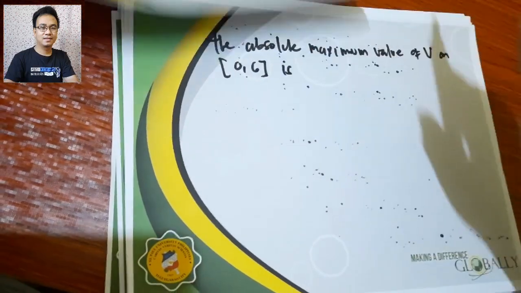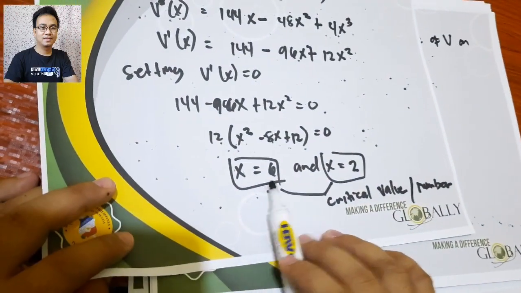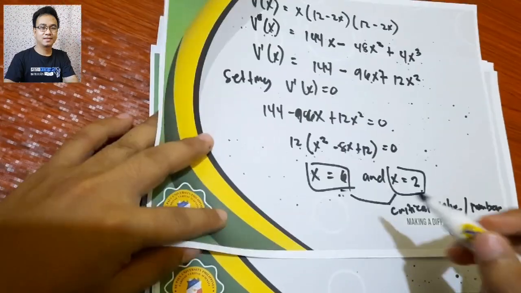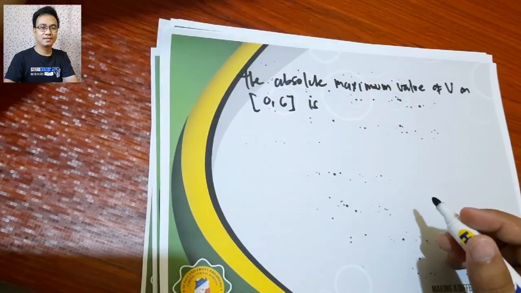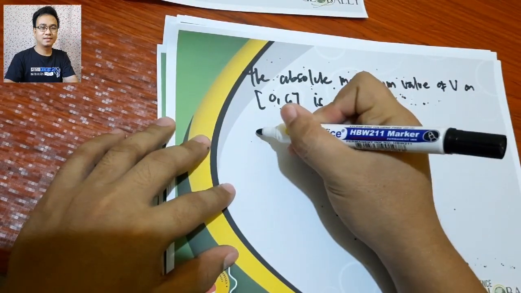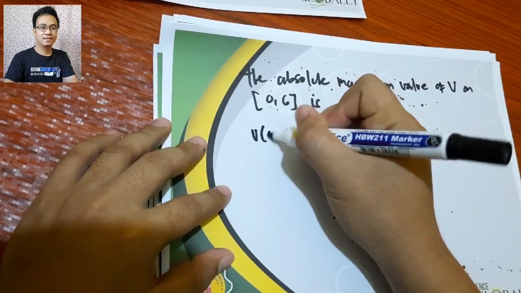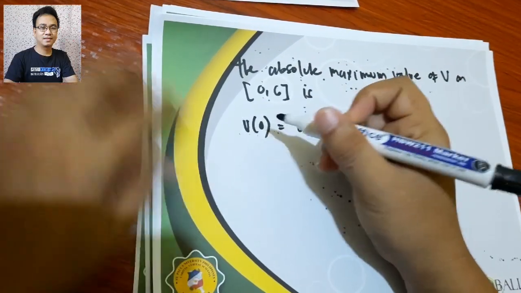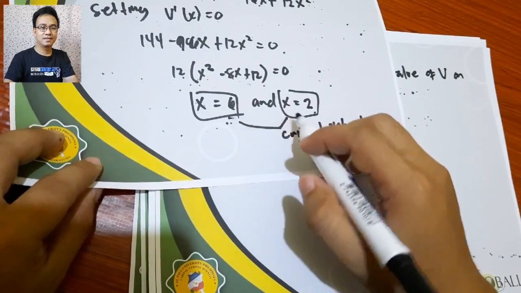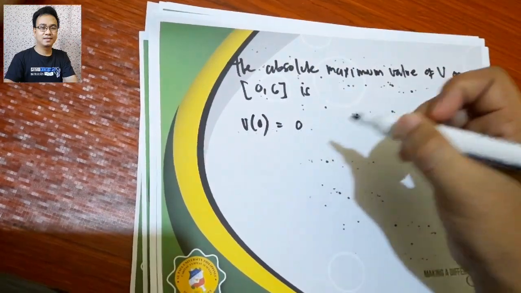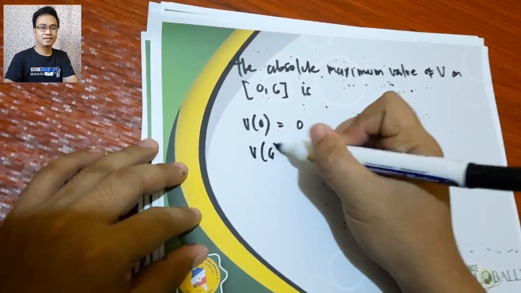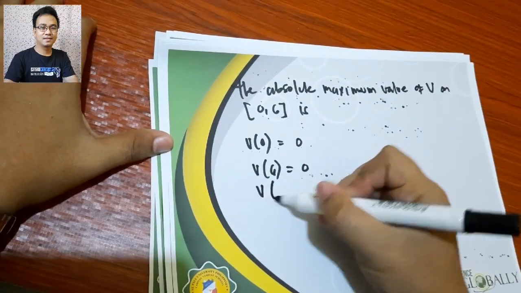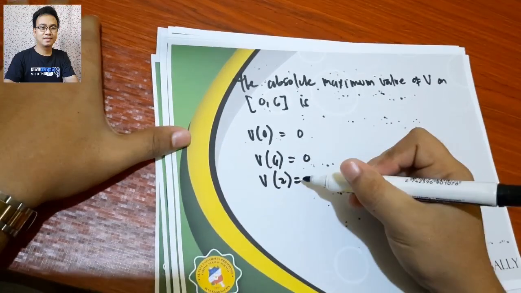If we try to substitute 6, 2, and 0 in our original function, V of 0 is equal to 0, V of 6 is equal to 0 also, and V of 2 is equal to 128.